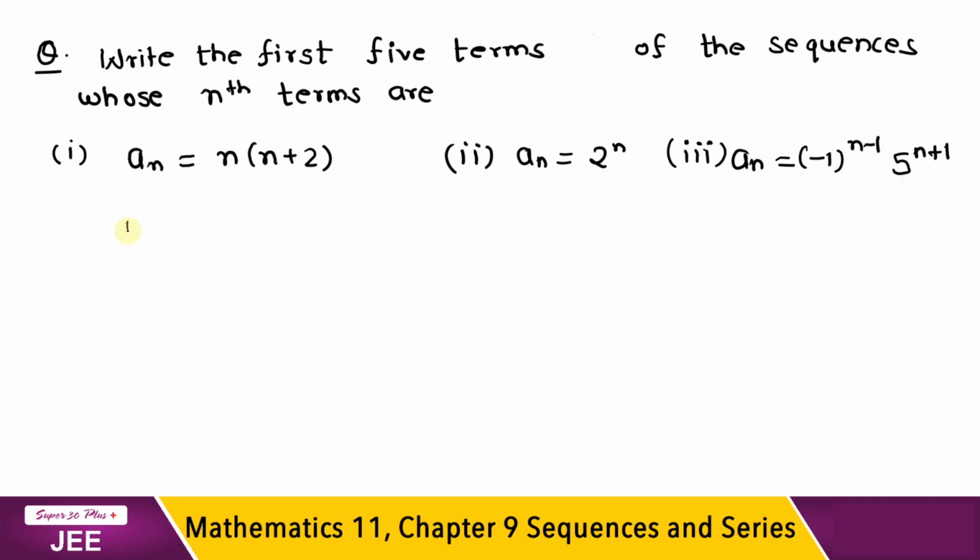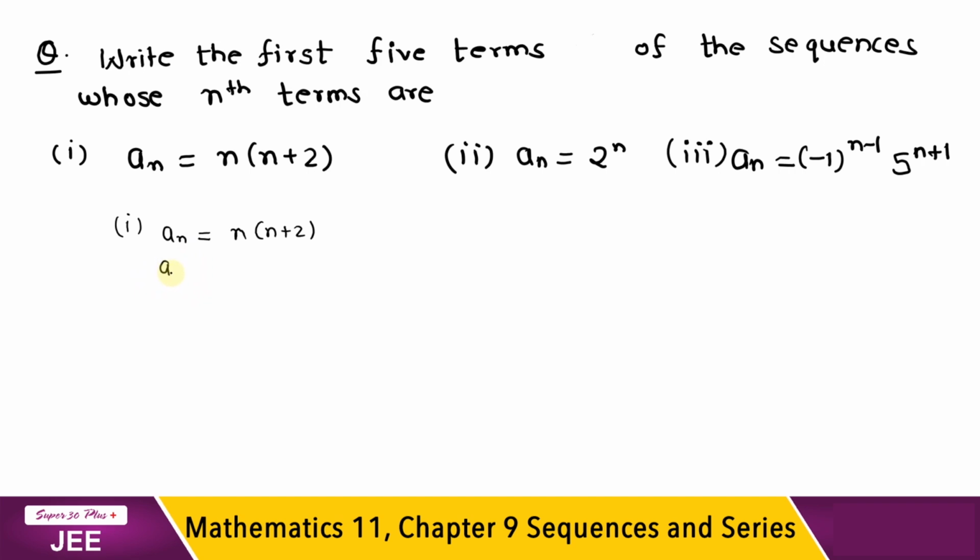So for the first part, when an or general term is given by n multiplied by n plus 2, since we have to determine the first 5 terms of the sequence, what we are going to do? We are going to substitute the values of n as 1, 2, 3, 4 and 5 in order to get the 5 terms of the sequence.